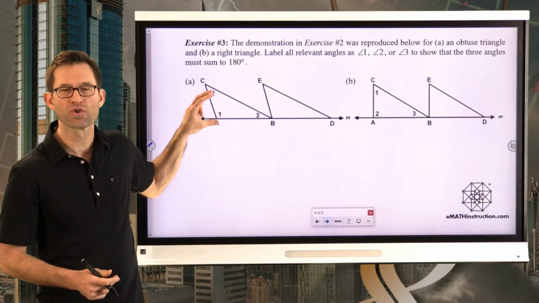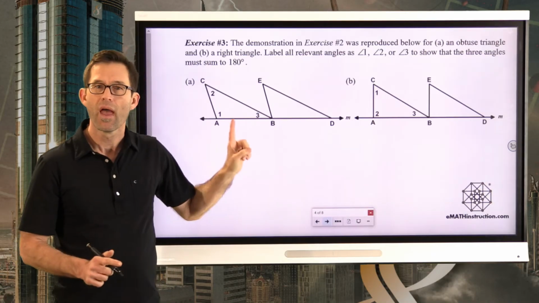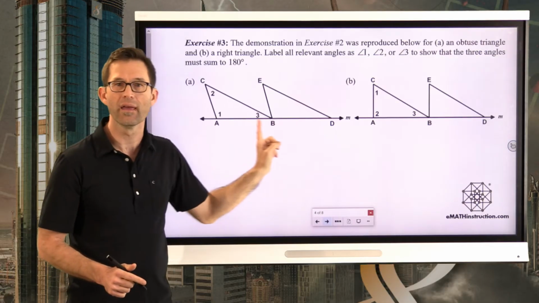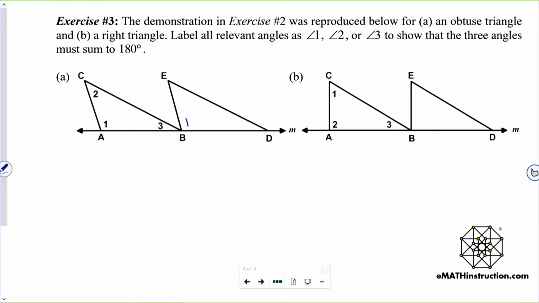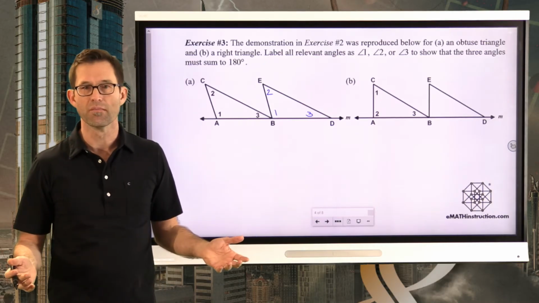All right, so here's what I mean by that. Here I've got an obtuse triangle and I did exactly the same thing. I just shifted it over to here. And because it's simply a translation along this kind of line, ABC, then I know that this angle must be 1, this must be 2, and this must be 3. That's simply true because it's a rigid motion.